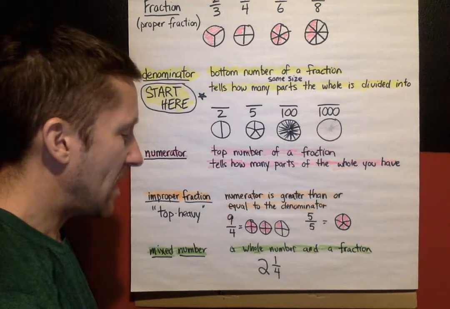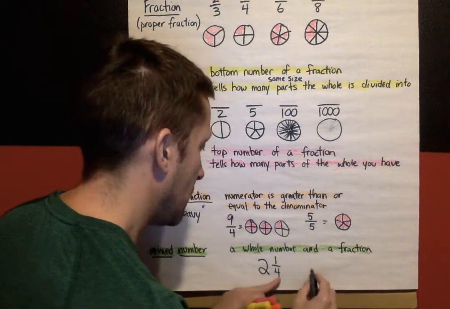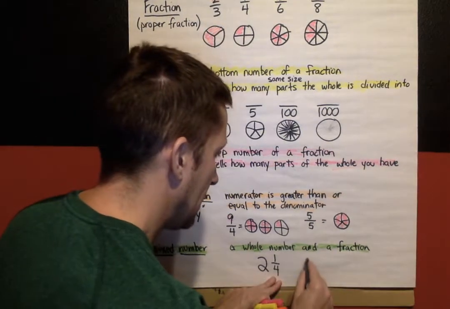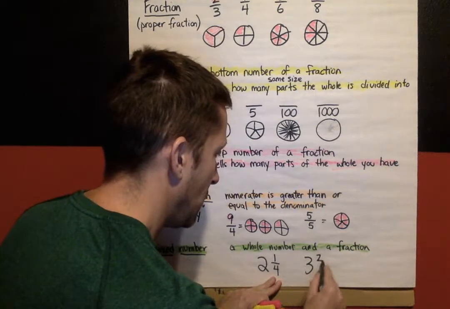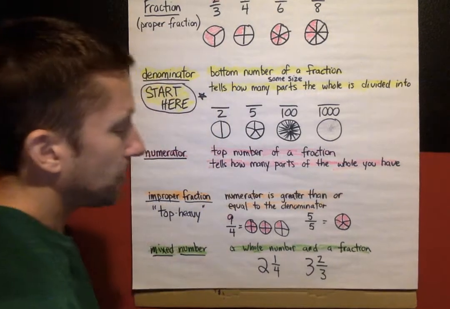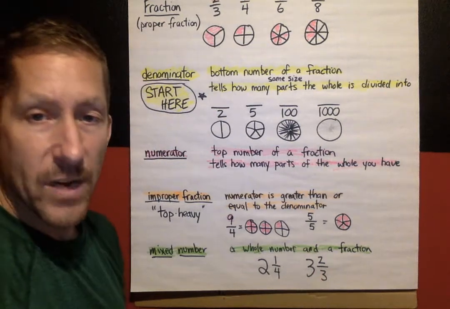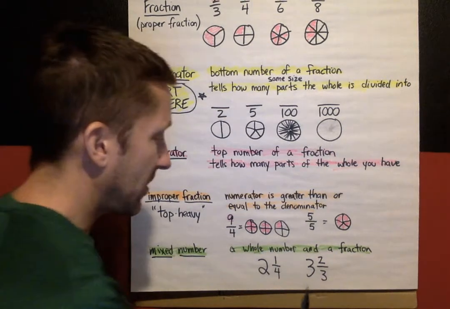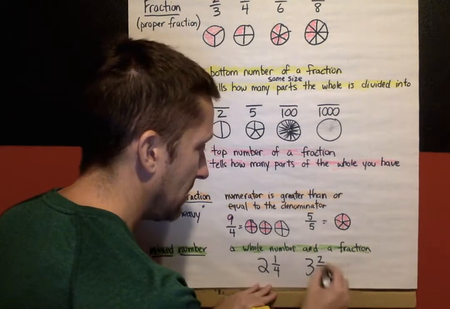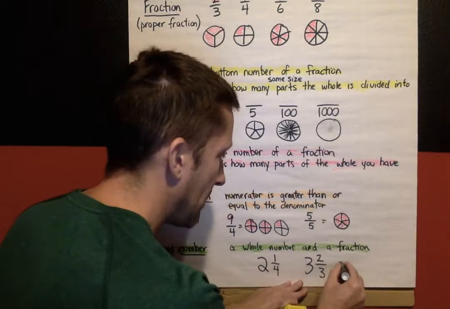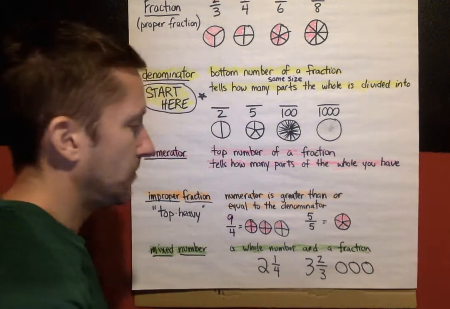Let's do one other example of a mixed number, and we will also draw it out. Let's draw out 3 and 2/3. Whole number 3, and when you see a mixed number like that, you read it separating the whole number and the fraction: 3 and 2/3. To model it out, I've got 3 whole pizzas. I can start right away with 1, 2, 3.